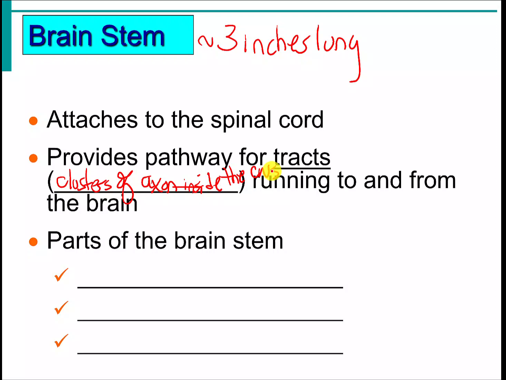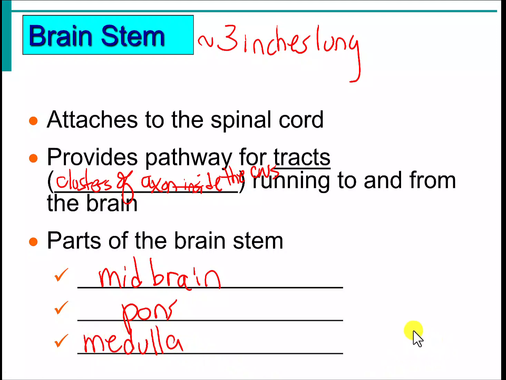There are 3 parts to the brainstem, and the first part is called the midbrain. Then we have the pons, and lastly, we have the medulla oblongata.